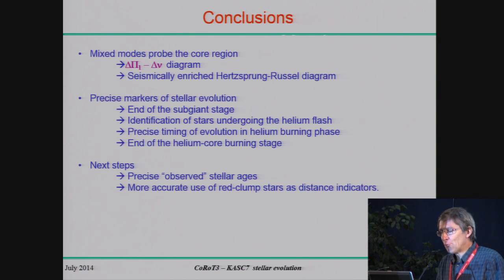We have such a precise timing of evolution in all phases, and especially in the helium burning phase, that in fact, I can say in a provocative way that we have observed stellar ages. Of course, to get ages, we need models, but the accuracy of the data is so high that the chronology of evolution is well determined.